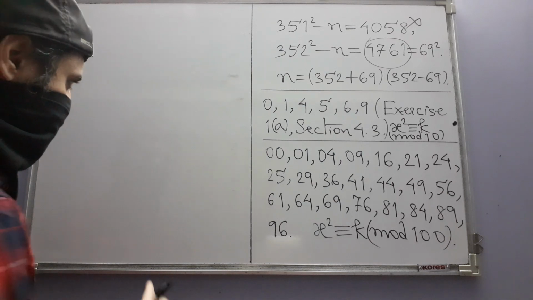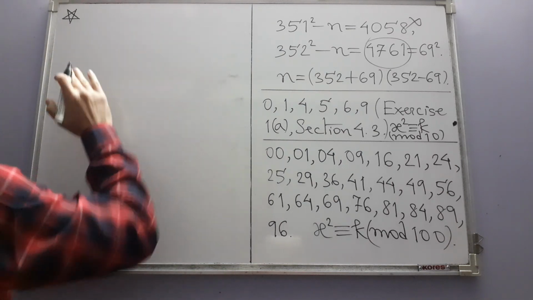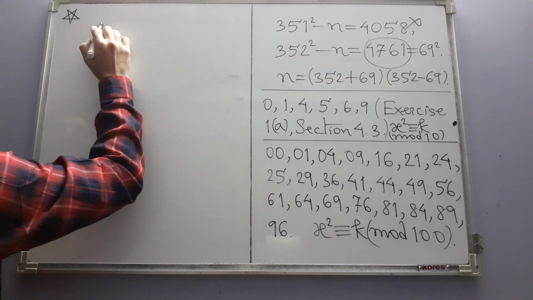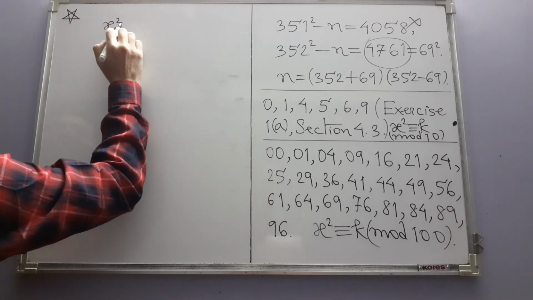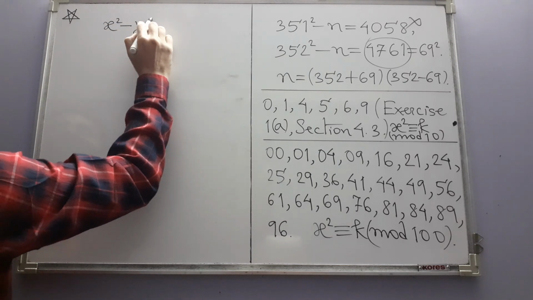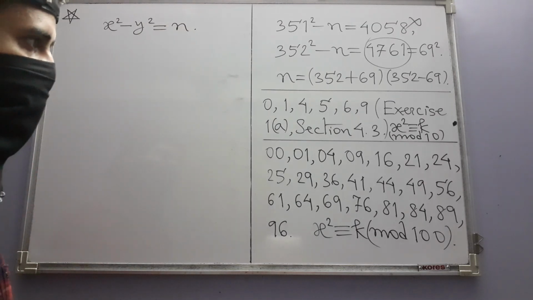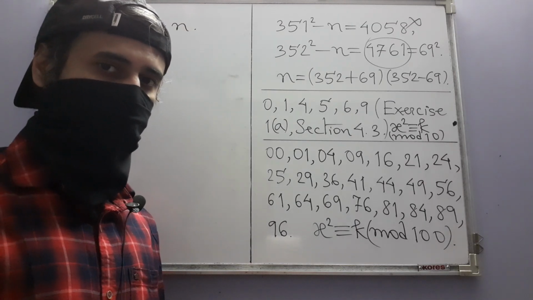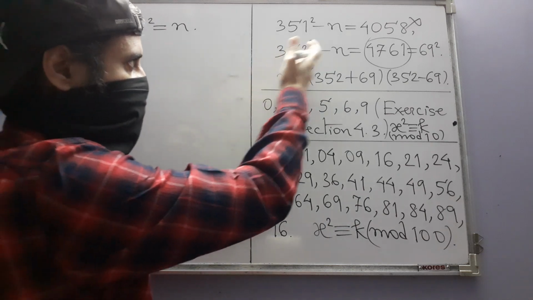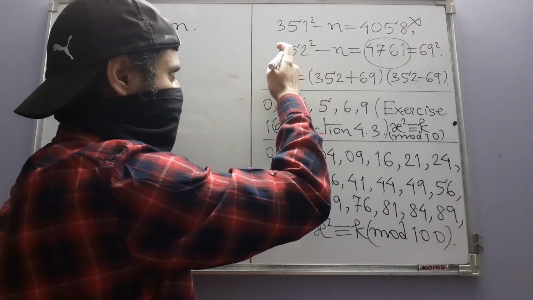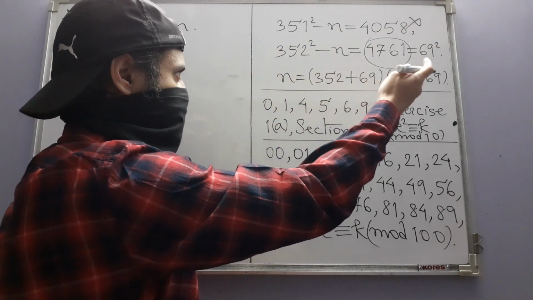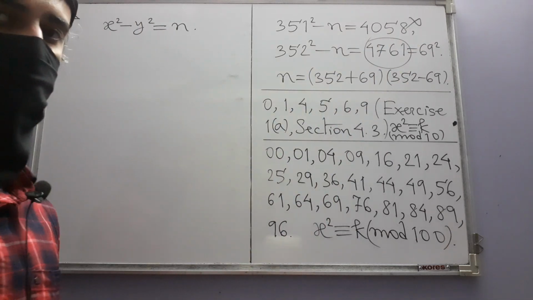Fermat's method primarily means it actually looks for integers x and y such that x square minus y square is equal to n. That's what it is looking for. For example, here 352 square minus 69 square is equal to that n.